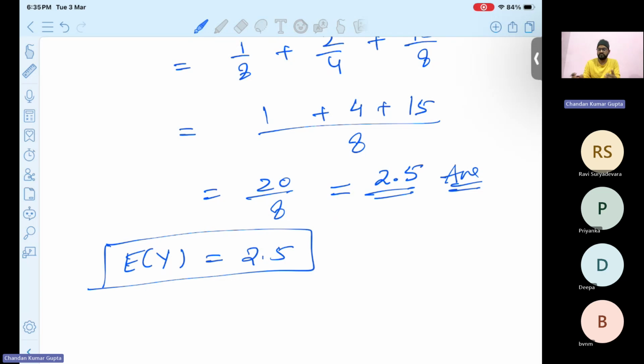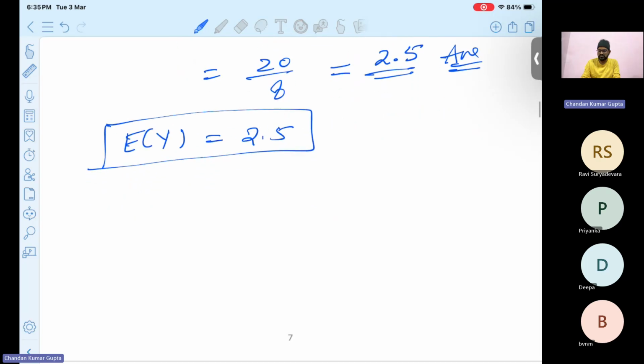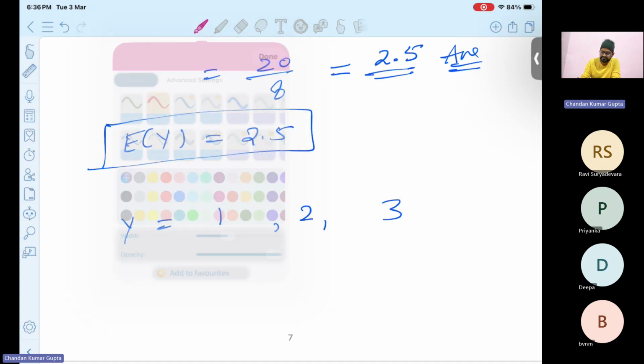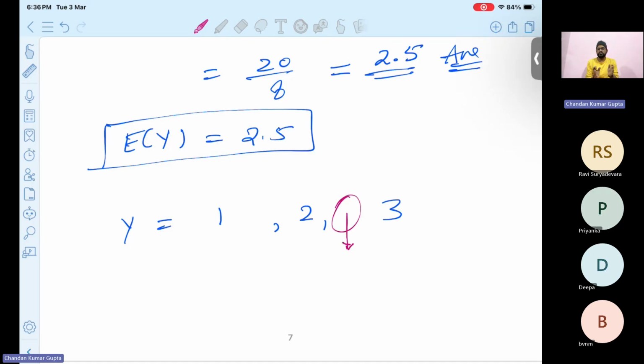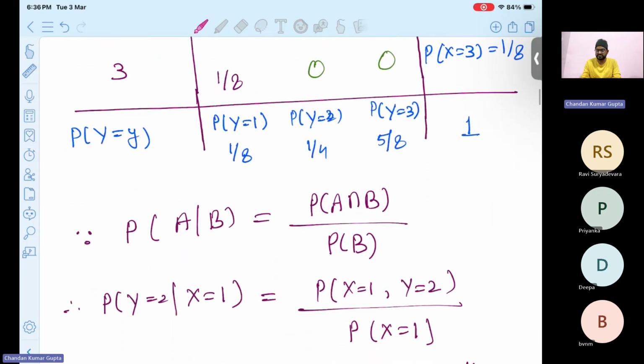One more thing. If you recall the topics we covered in the previous lecture, these are not actually in the list, but y has values 1, 2, and 3, and the mean value comes out to be here. So most of the data is in the second half. This can also be verified with the help of these values: 5 by 8 means more than half of the probability lies at the last point.